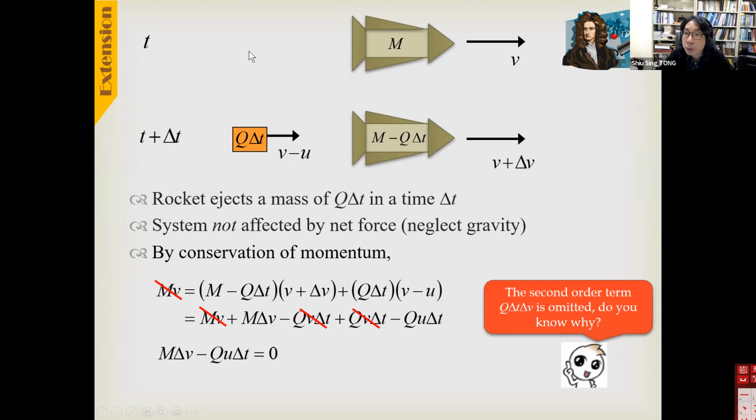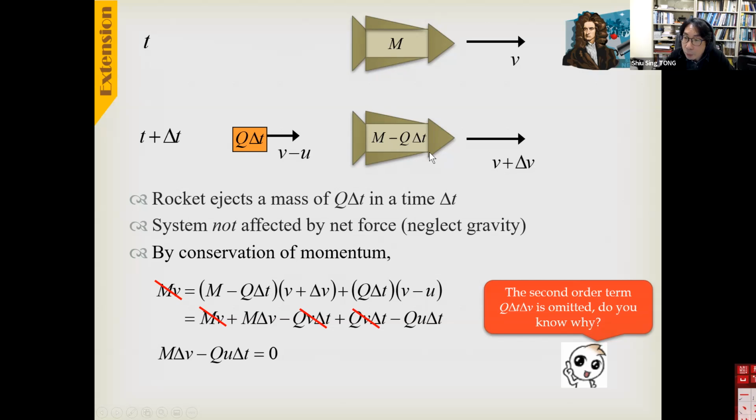Now we can apply the conservation of momentum. This is the total initial momentum, and this is the final total momentum. So we apply the conservation of momentum at time t and time t plus delta t. At time t, the momentum is simply mv. While at time t plus delta t, the momentum will consist of the momentum of the rocket itself and the momentum of the fuel.